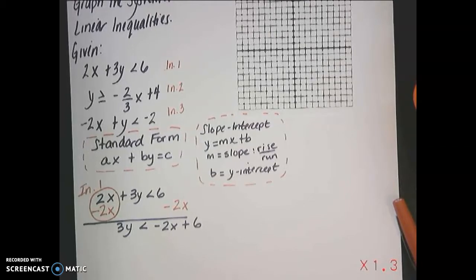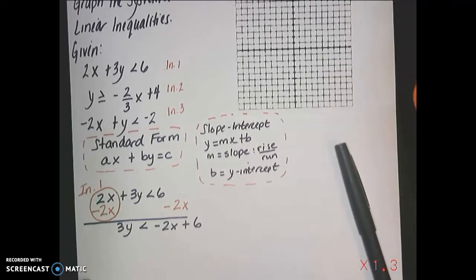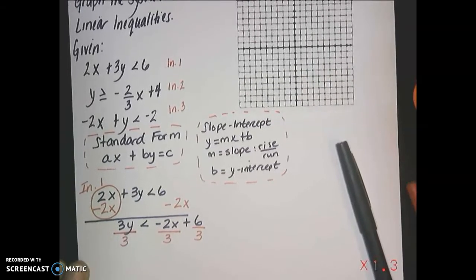Okay, so now that we have 3y, well, we need to know what is y. So since 3 is multiplied by y, we're going to do the inverse and divide everything by 3. Okay, we got to be fair.